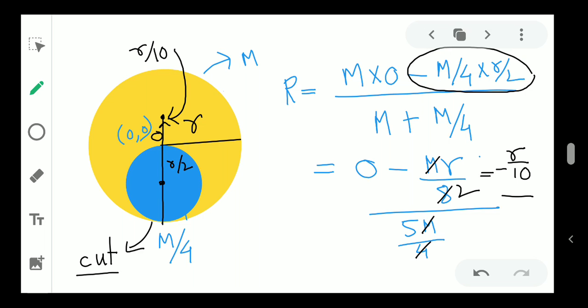Now let us go and see what will happen to the moment of inertia. Finding the moment of inertia is a little bit different. The system is the same, so there also you have to subtract the contribution of the cutout piece, but here a little bit of difference is there.